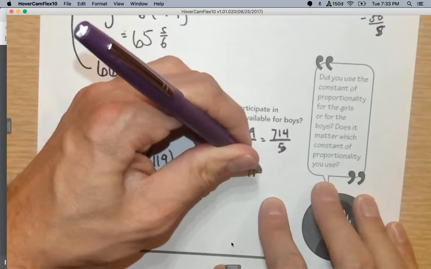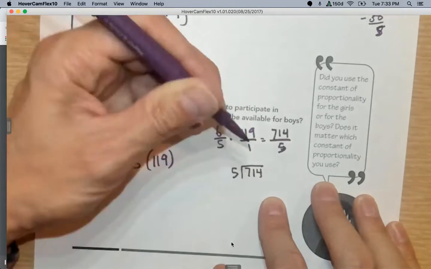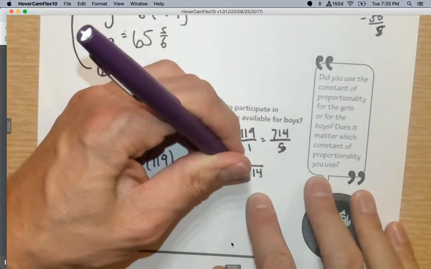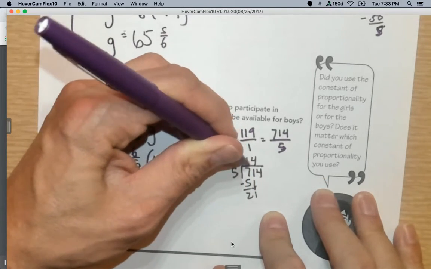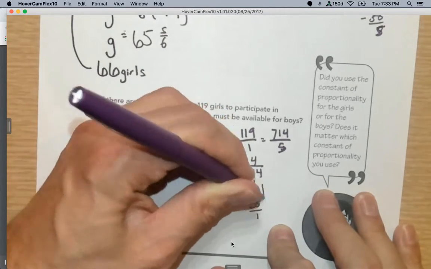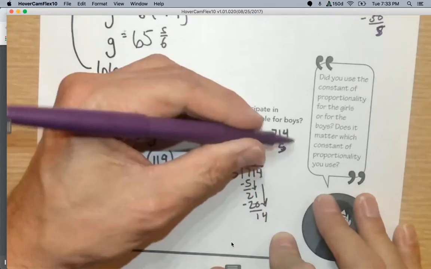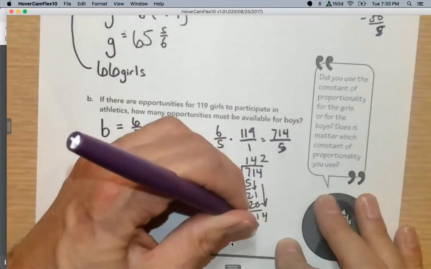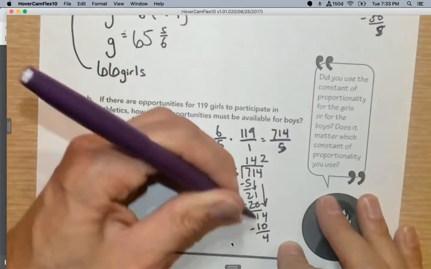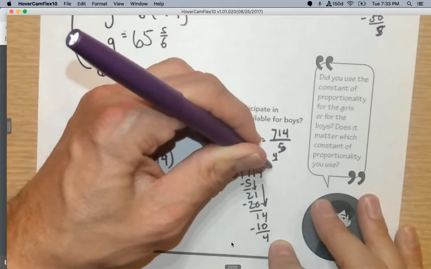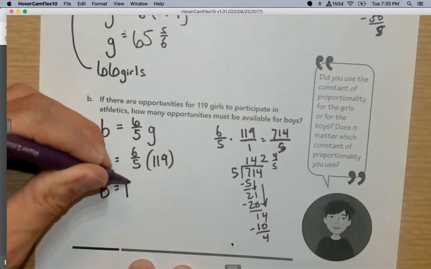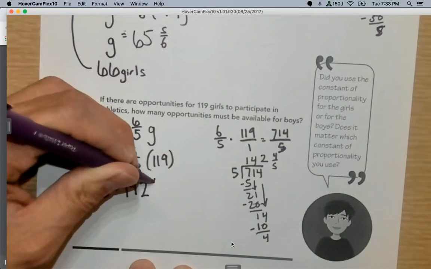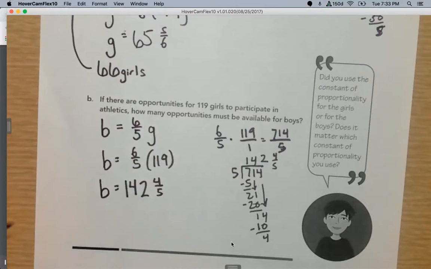Numerator divided by denominator. My remainder is my numerator. My denominator stays the same. Again, we would have 142 and 4/5 boys, which doesn't make sense.